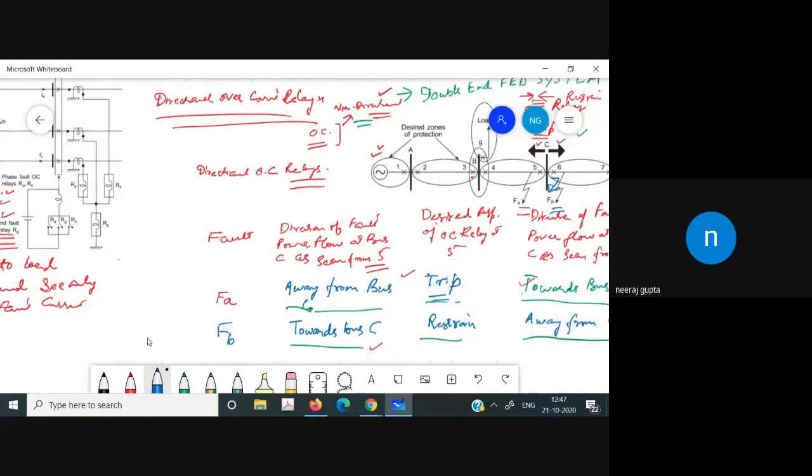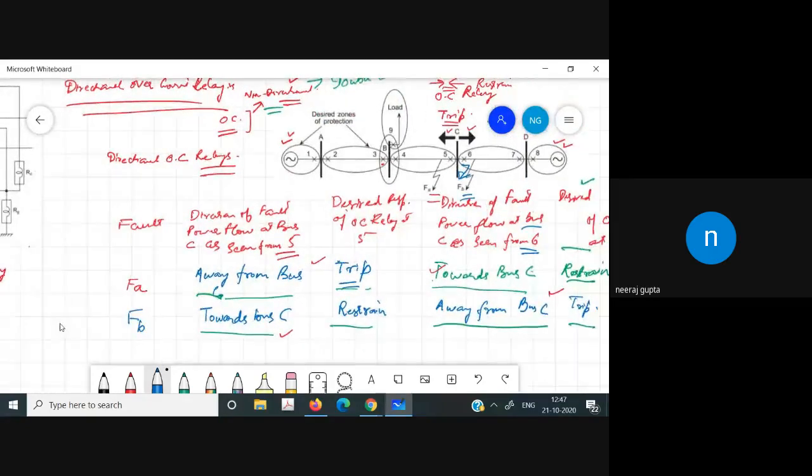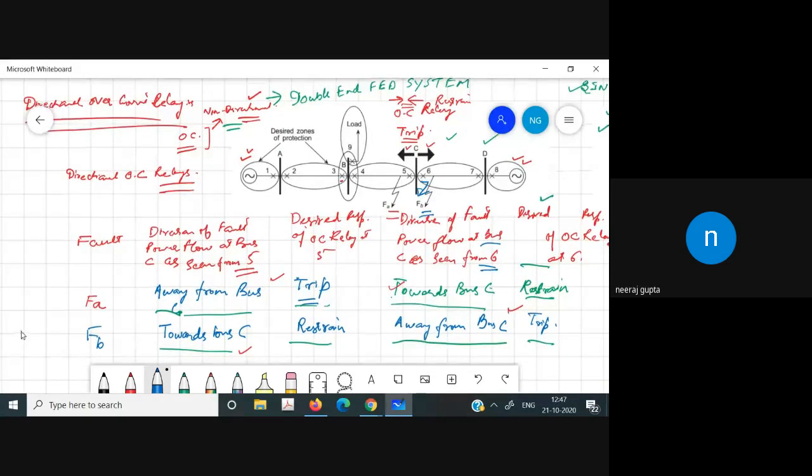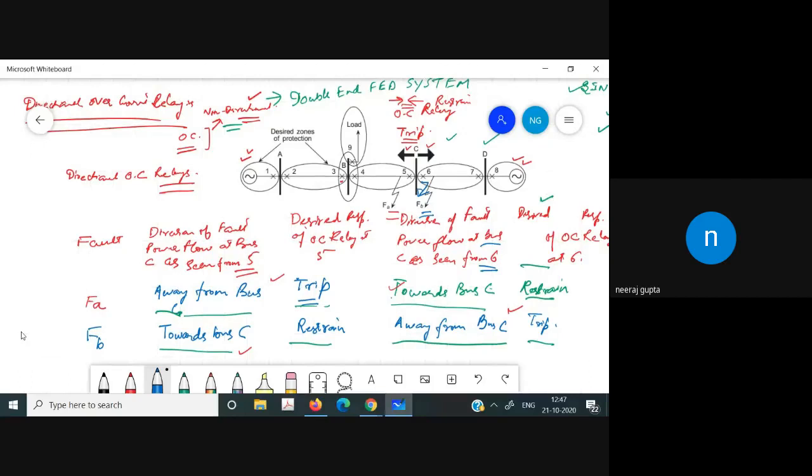Next we discussed the directional overcurrent relay, and its basic concept. We have seen that if we use a normal non-directional overcurrent relay, then the desired zones are not generated.